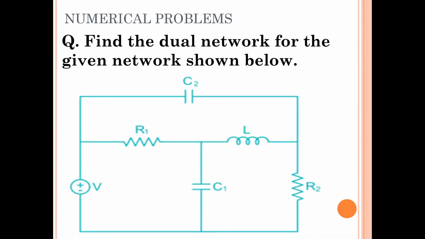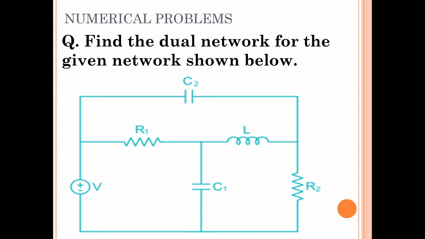Okay, so let us see. This is the circuit which has been given. Simply they have asked us to find the dual network for the given network. That's it. Draw the circuit as quickly as possible. Even node is dual to mesh. It is not mentioned in the table, but node is dual to mesh.